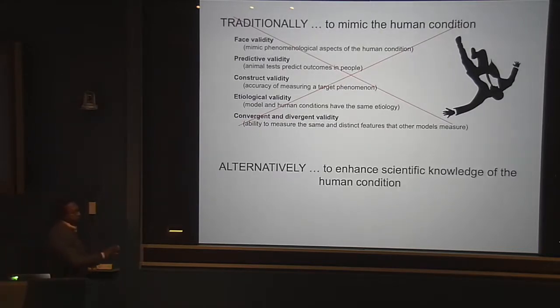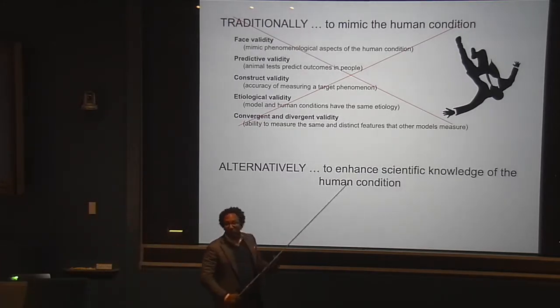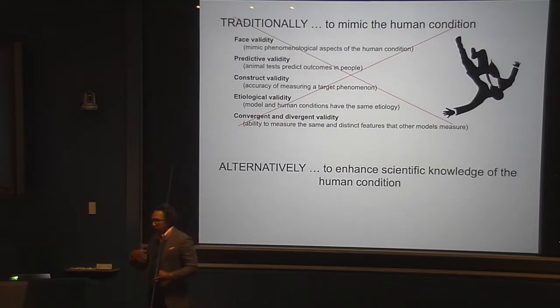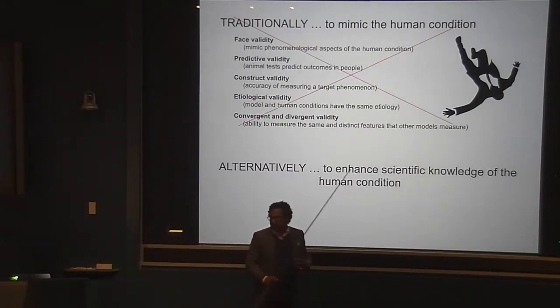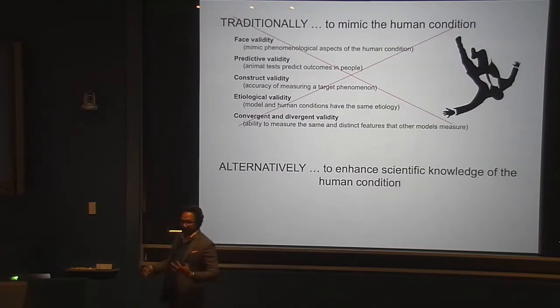There's a rather different way to think about these animal models. And the way we will use the models, in fact, I think the way most scientists actually use these models in the laboratory, is really to engage in some sort of knowledge gathering about the human condition itself, not necessarily to mimic the human condition, but to learn something about the human condition.